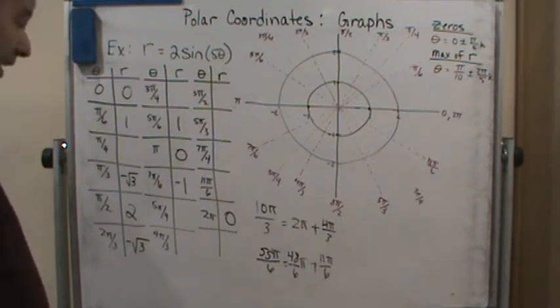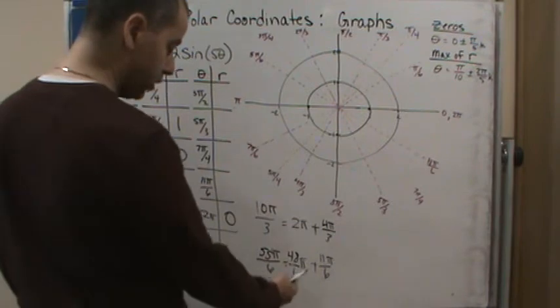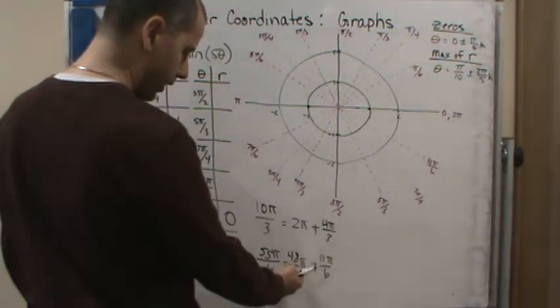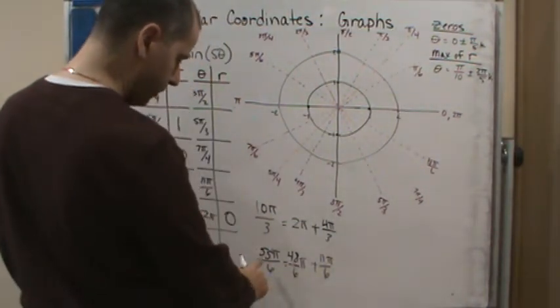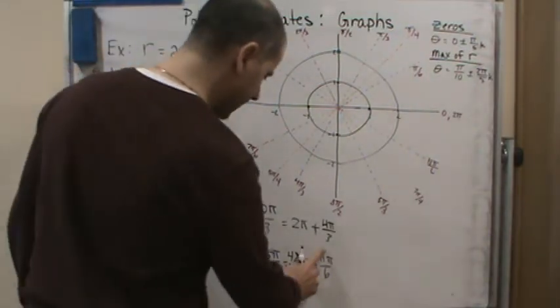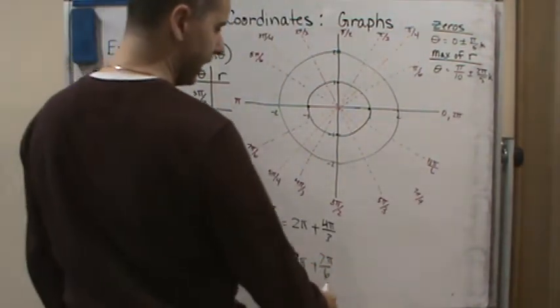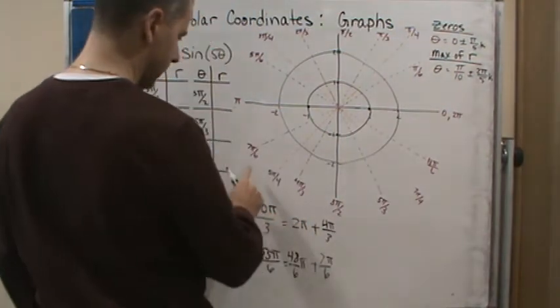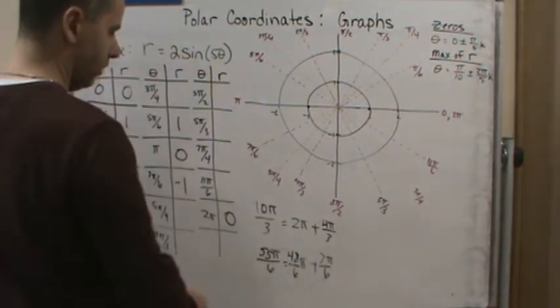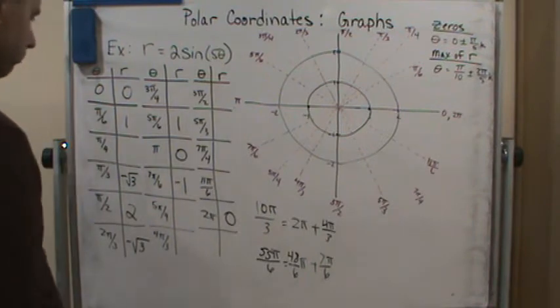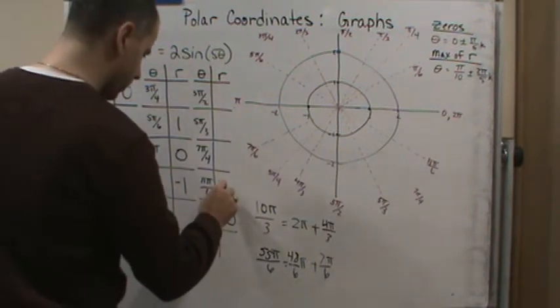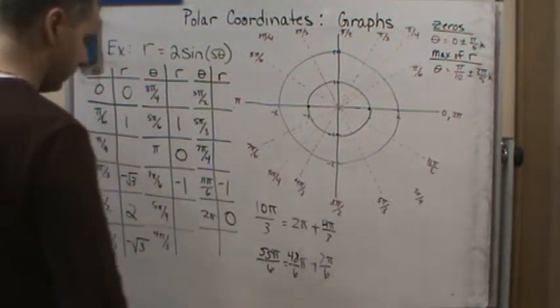So that gives me 8 pi, which is a multiple of 2 pi. So that leaves me with 7 pi over 6 again. So now I'm back to 7 pi over 6, which is right here, which gives me a negative 1. So this also gives me a negative 1.